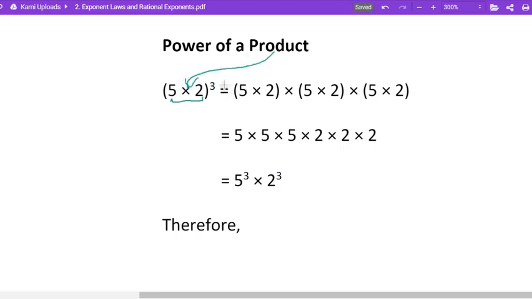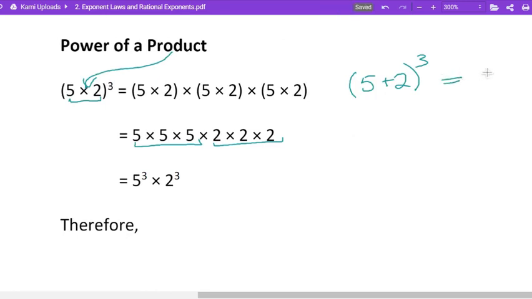Product means multiply. Once we reorder all the 5s and all the 2s, we see the exponent is just applied to each of the terms. This is not true. I cannot say this. This might be a common mistake. Do you see the difference here?